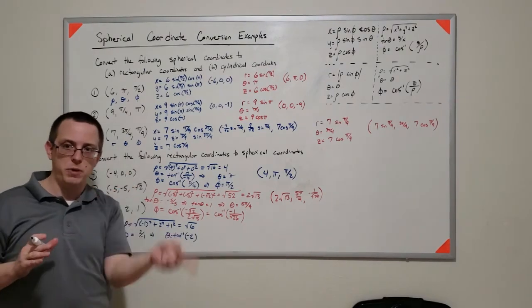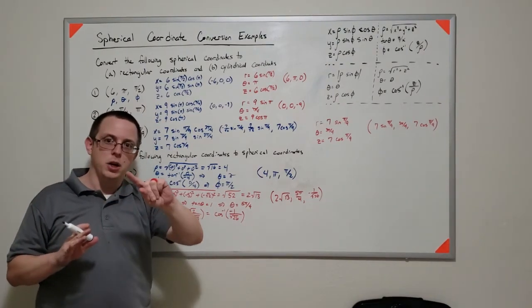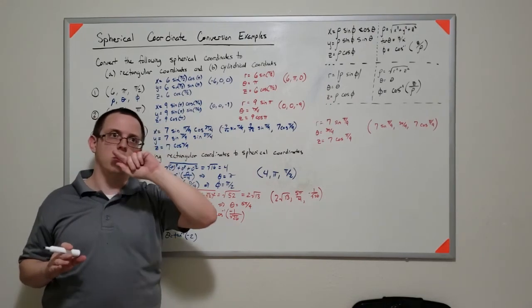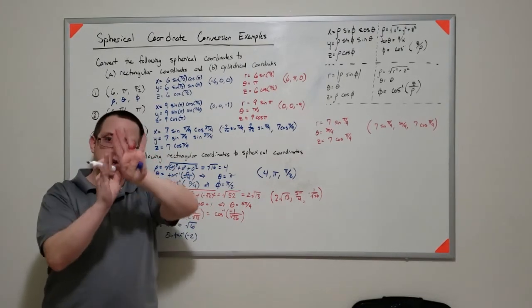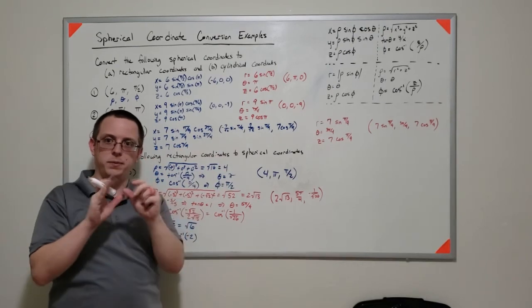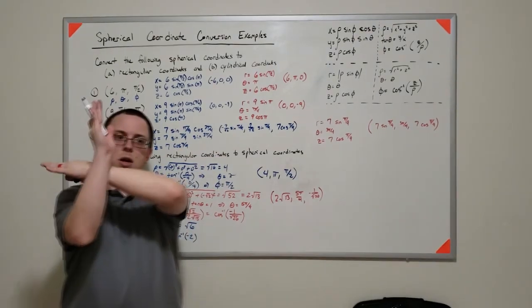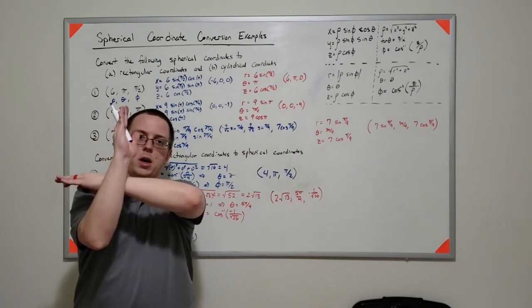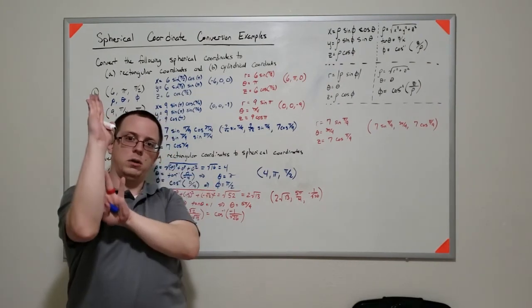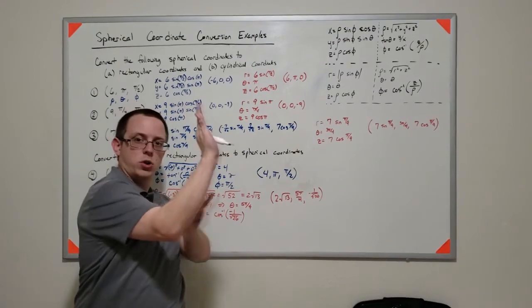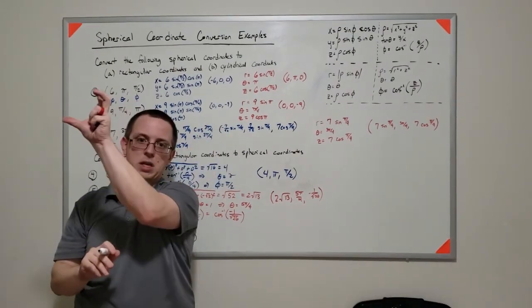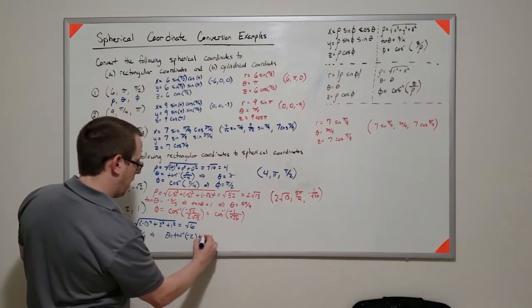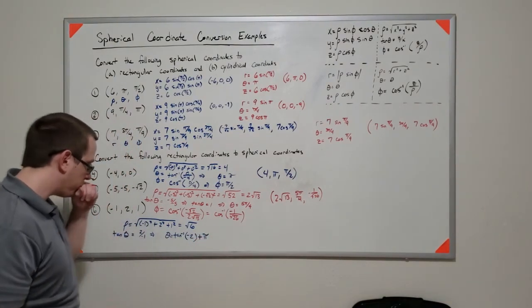Remember, arctangent goes from negative pi over 2 to positive pi over 2. If you think about your x, y quadrants 1, 2, 3, 4, then the arctangent's range is only quadrants 1 and 4. It's missing that quadrant 2. So what you're actually going to have to do is add pi to that.